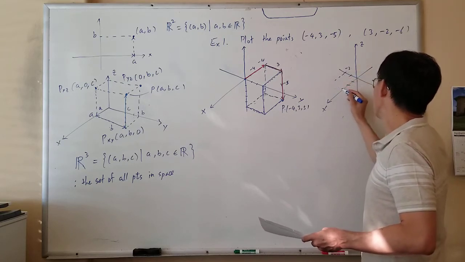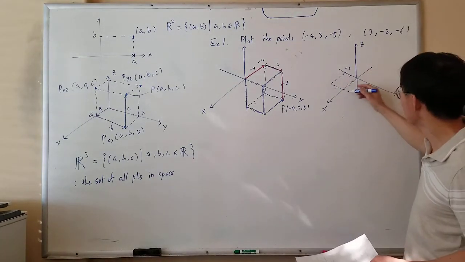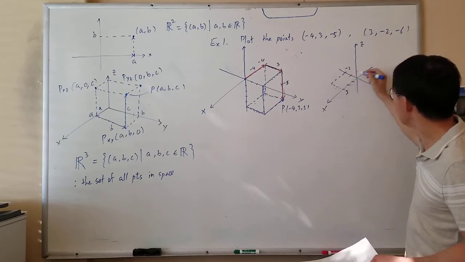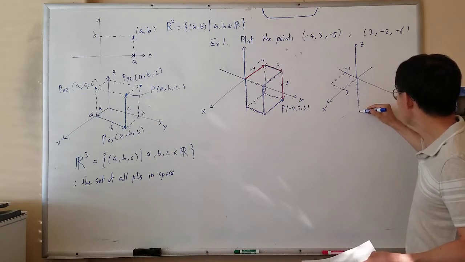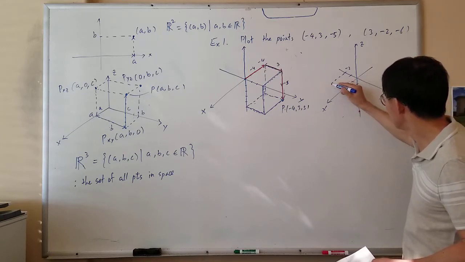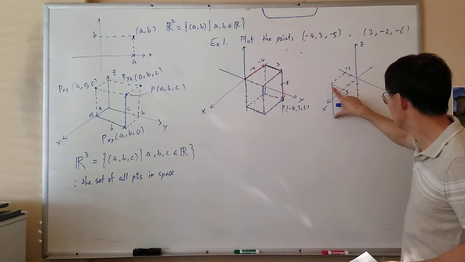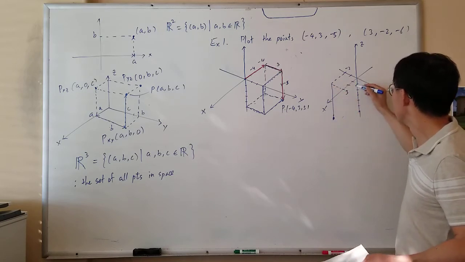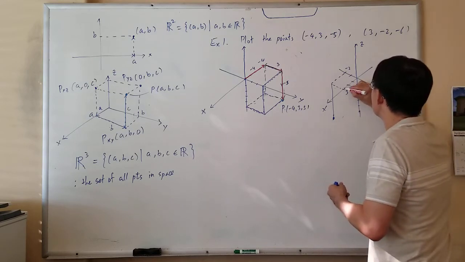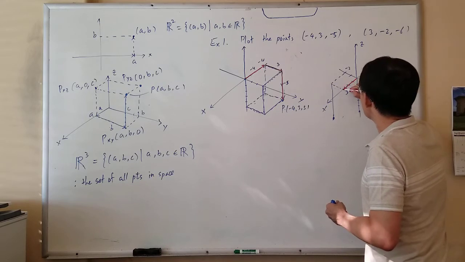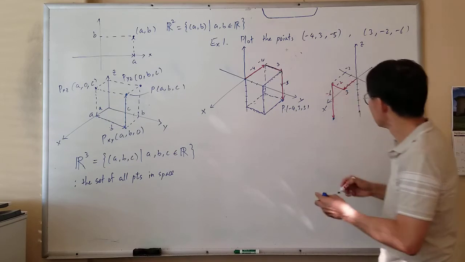It is always helpful to draw at least a rectangle on the xy plane. 3, negative 2, and then going down there, minus 6: 1, 2, 5, 6, that distance. So you can do this here: 3, minus 2, and minus 6.